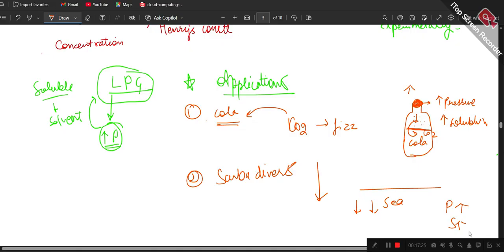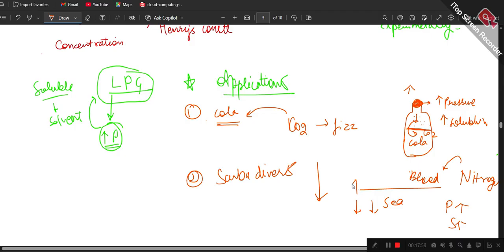So the nitrogen gas under high pressure tends to dissolve into the blood of the diver, which can cause serious problems. The nitrogen can get stuck in the blood vessels.